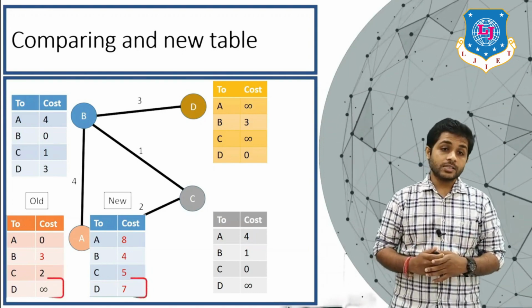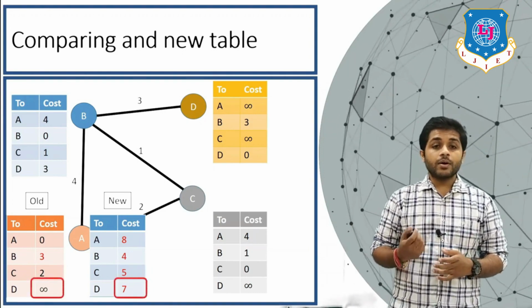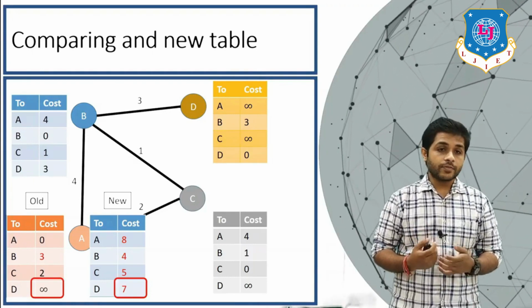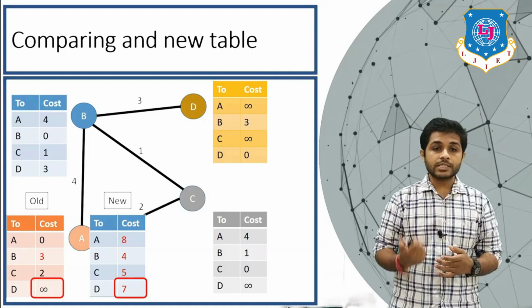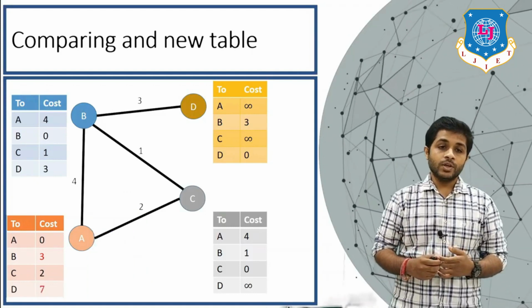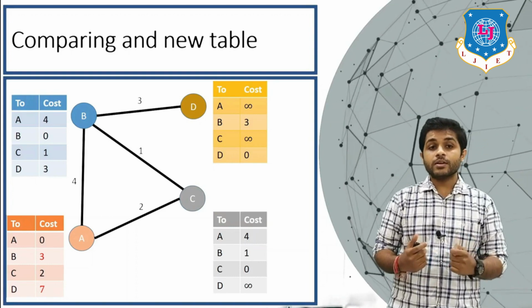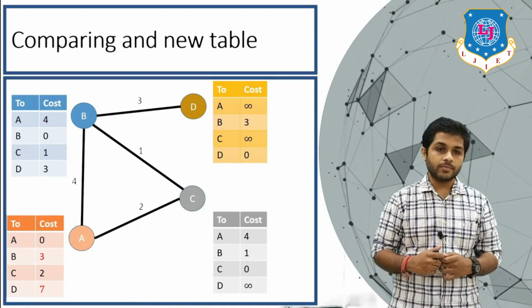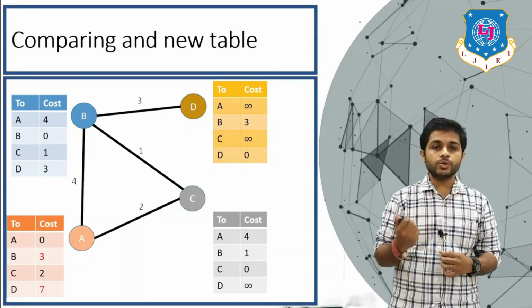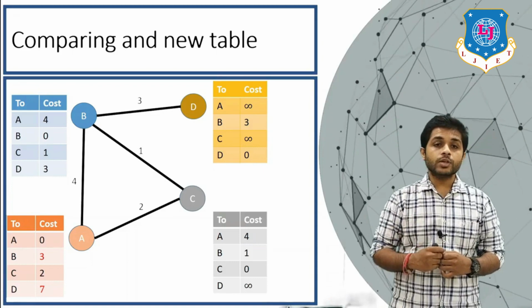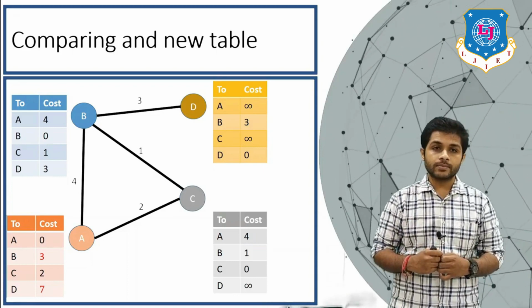But in the last entry, A's table has an infinite value, but the new table has the value 7, so A will change it to 7. So A has found a new way to reach D, which is via B. So if A wants to reach D, it can reach via B, and the cost to reach D is 7.